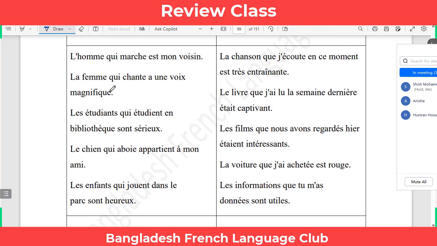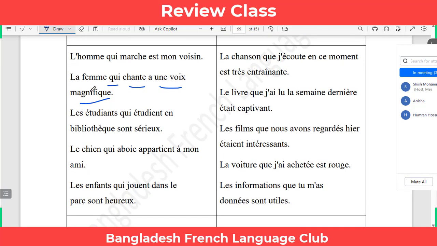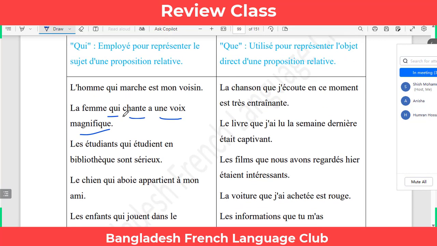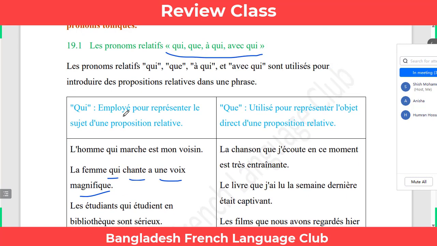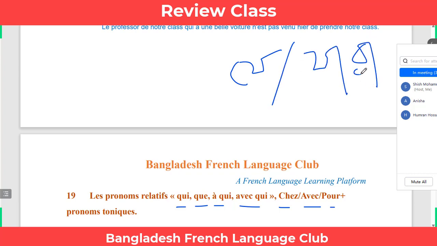So here you can see just after the subject, la femme qui chante a une voix magnifique, right? The woman who is singing has a beautiful or magnificent voice, right? Yes. So this qui, in our language, like in our Bangla, for qui there are two words as far as I know, like je or jara, right?